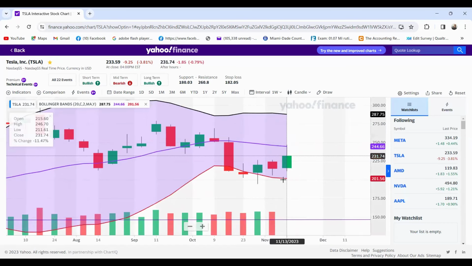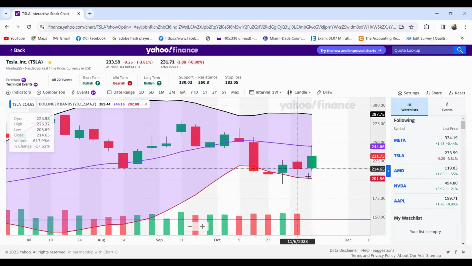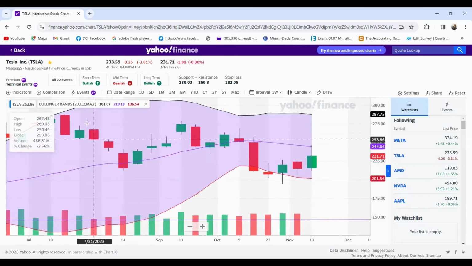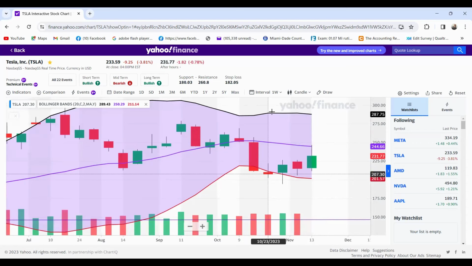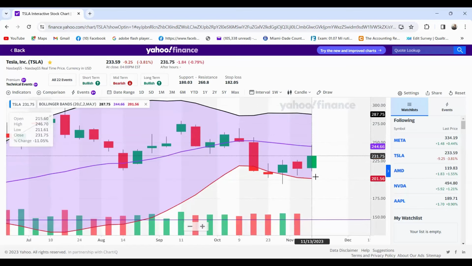And when it's below the red line, below the Bollinger Band, it's oversold. So the Bollinger Band is composed of three lines: the upper level, the middle range, which we consider as a moving average, and the last one, the lower level.